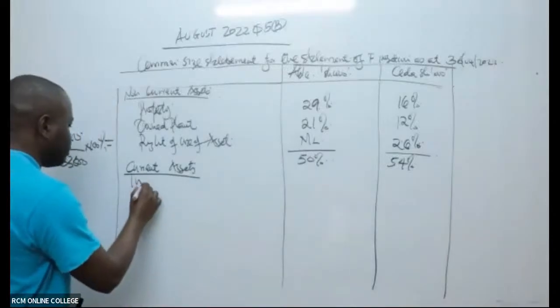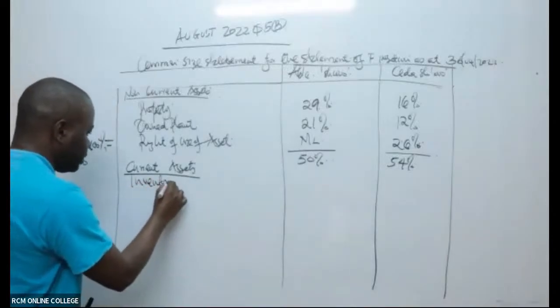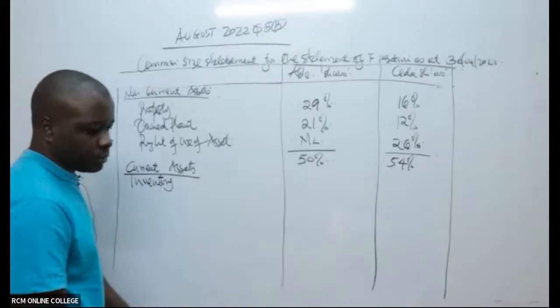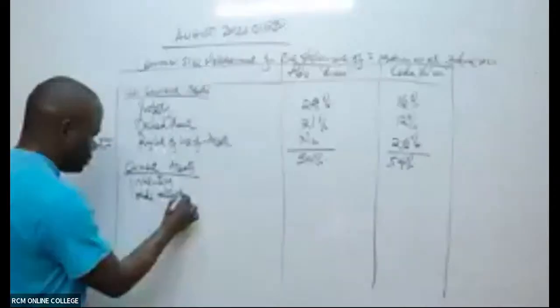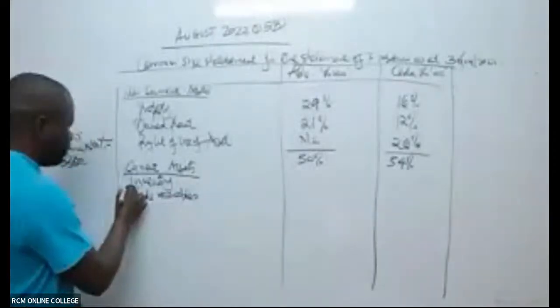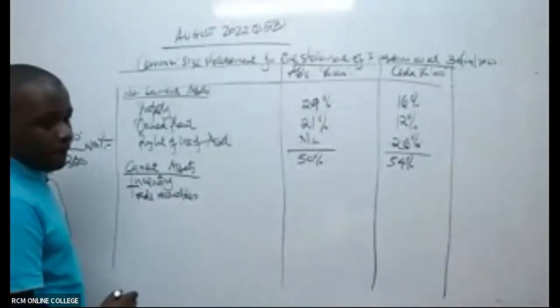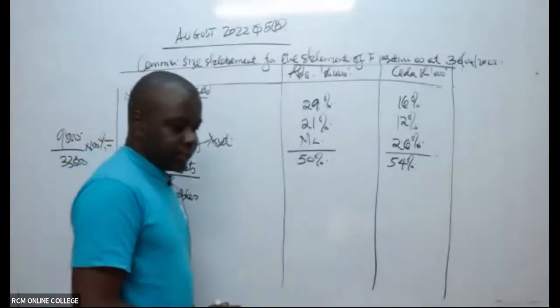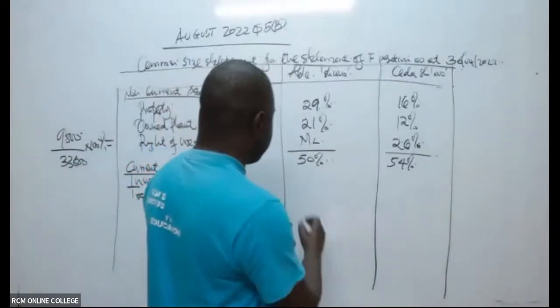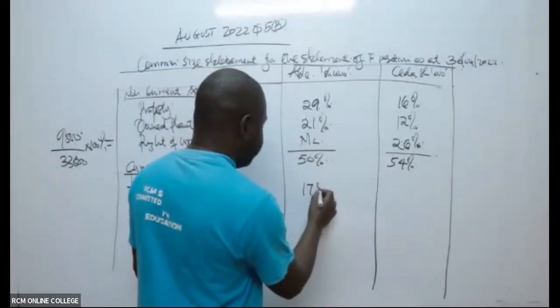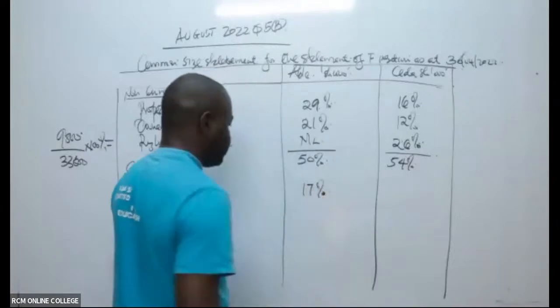So inventory is which percent? You have inventory, then you have trade receivables. Inventory is 16.7%, so if you round off to a whole figure, that is 17%.